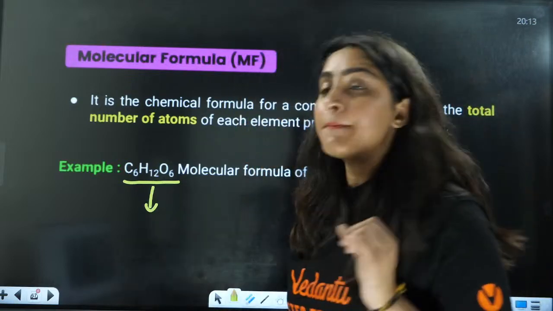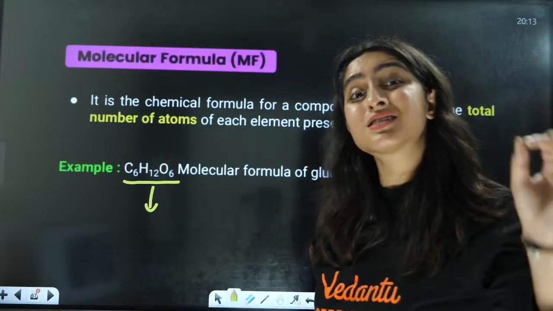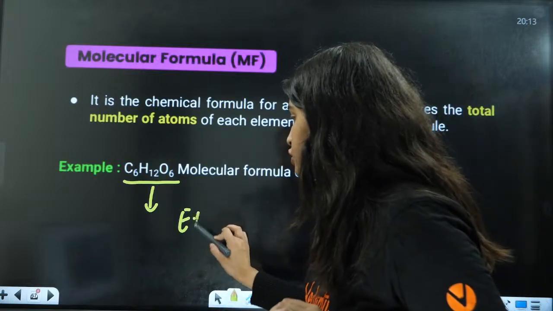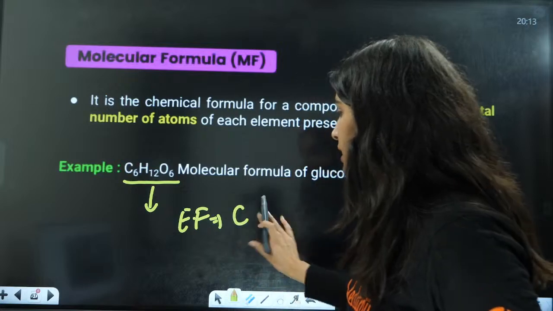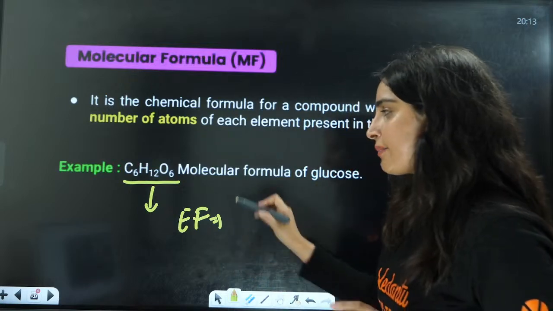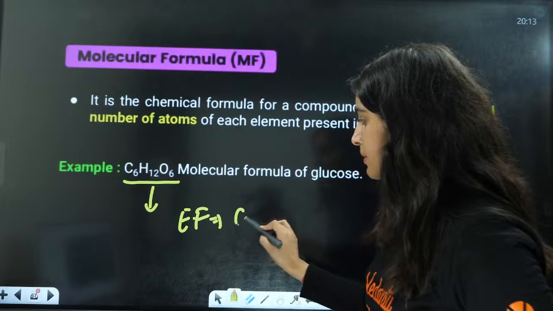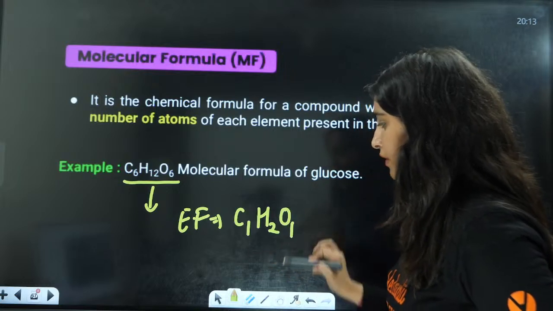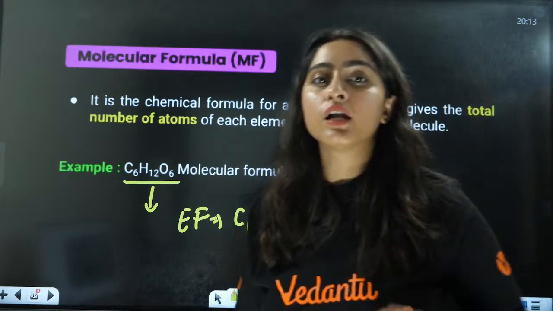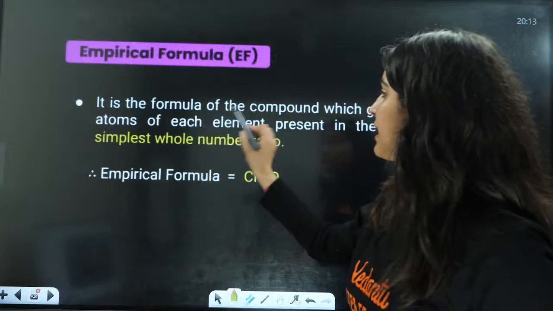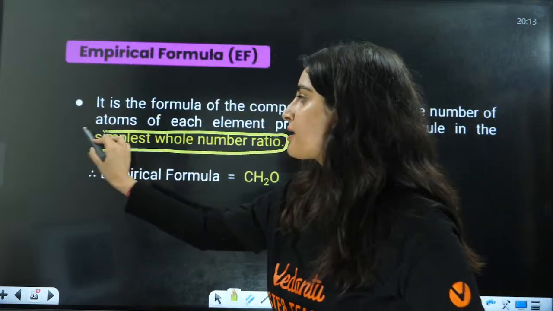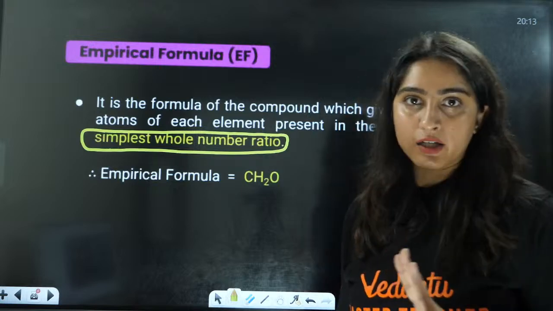To calculate the empirical formula, we take the simplest whole number ratio. So divide this by 6, and the empirical formula is going to be C1H2O1. That is the simplest whole number ratio of the atoms.